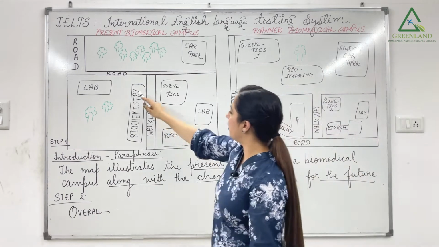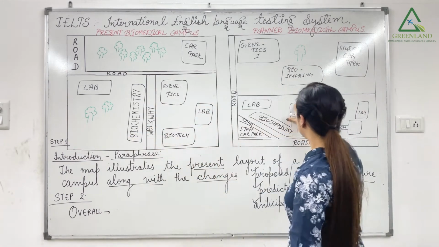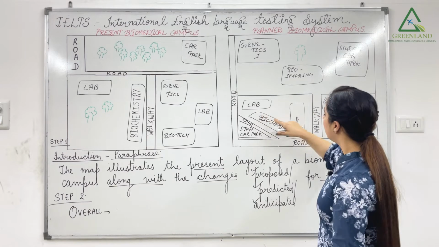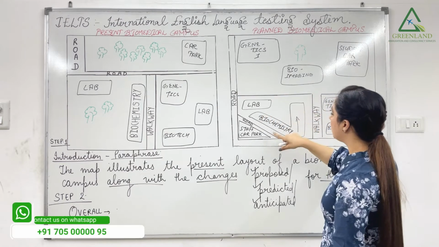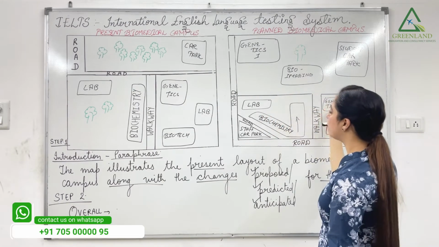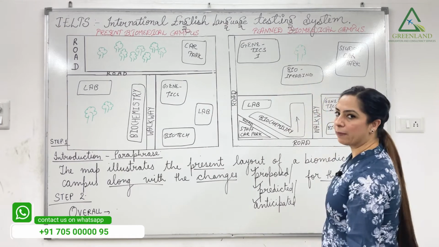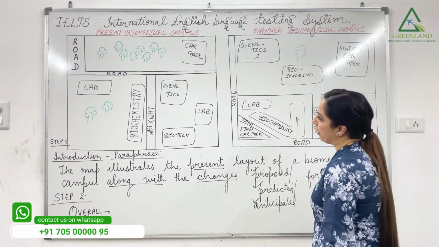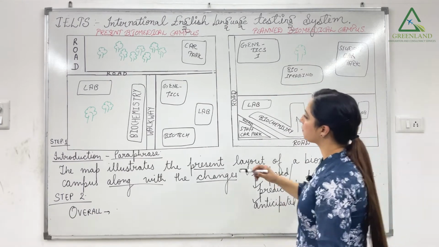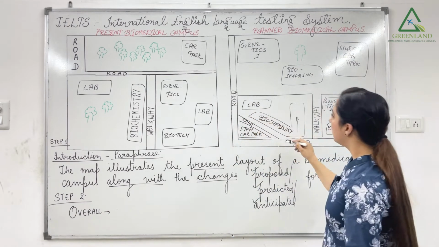Okay, biochemistry department, I guess the size of the biochemistry department is predicted to expand in the plant biomedical campus. Okay, what else we can see is this road connects.